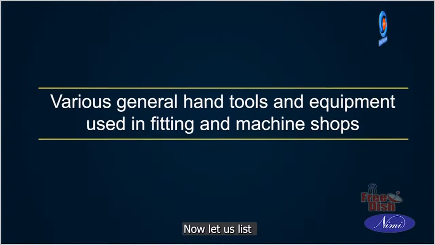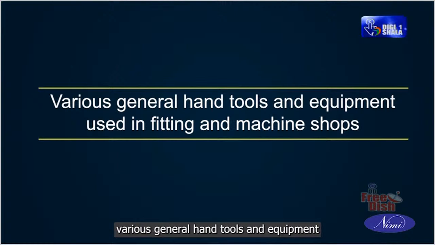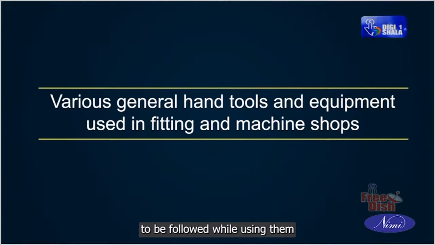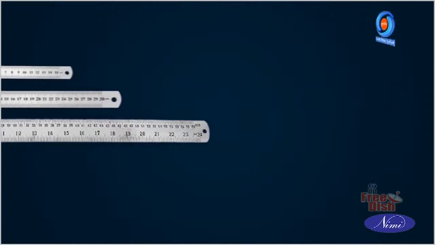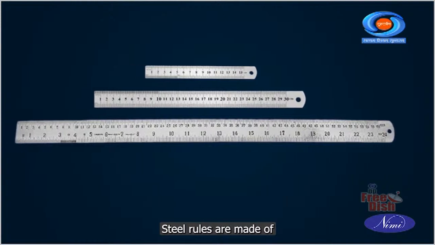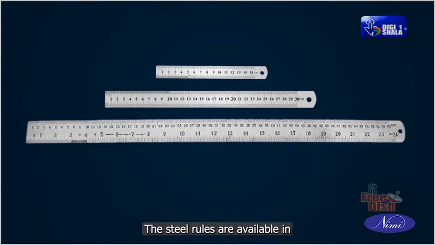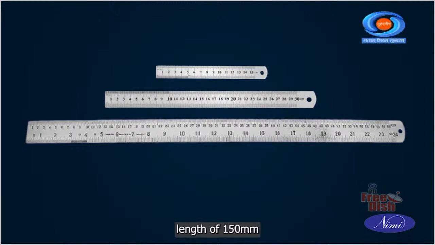Now let us list various general hand tools and equipment used in a typical machine shop or workshop and also know safety precautions to be followed while using them. Steel rules. Steel rules are made of spring steel or stainless steel. The steel rules are available in length of 150 mm, 300 mm and 600 mm.